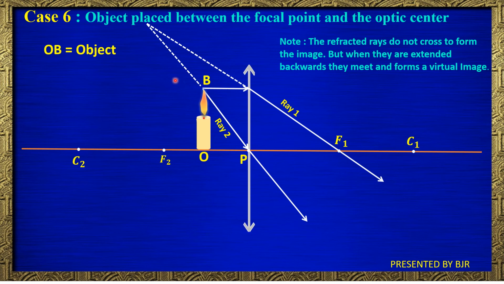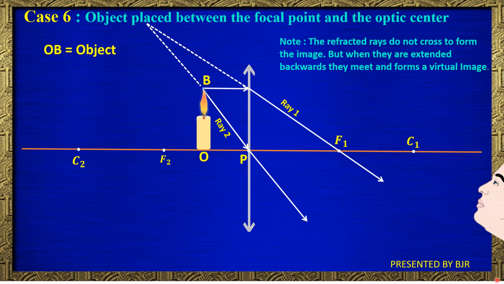If an observer intercepts these rays, he feels that these rays are diverging from a point behind the lens, that is on the same side of the object. So this is the point where the image of the point B will be formed.